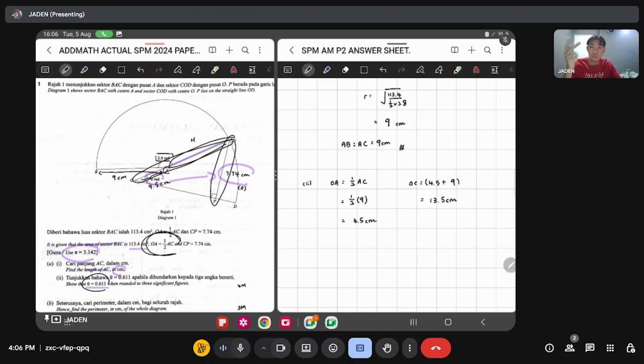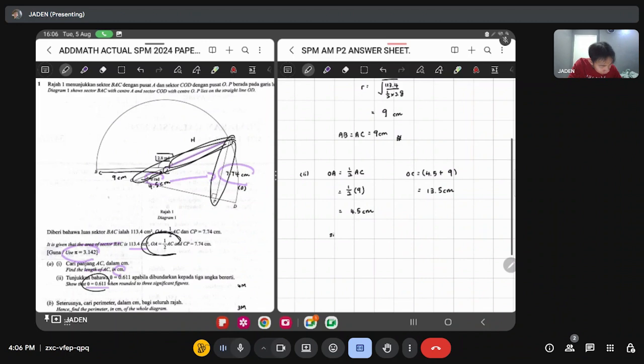Among sine, cos, tangent, the most suitable to use here is sine theta, because sine theta is opposite divided by hypotenuse. So opposite is 7.74, your hypotenuse is 13.5. To get your theta, you do shift sine, which is the anti-sine, of 7.74 divided by 13.5.